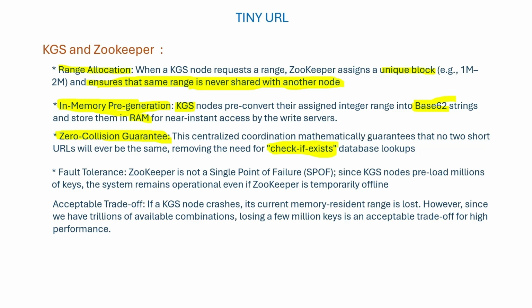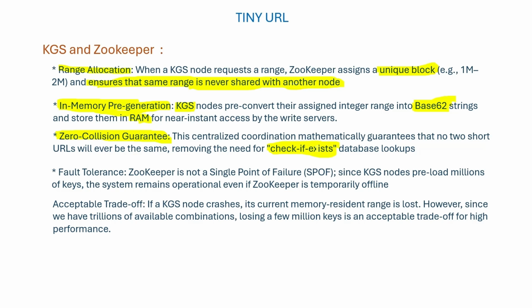It will always be unique, and if a block is lost, it is always lost, and the same block will never be assigned to any other node. So all the strings generated in memory in the KGS service will always be unique. Once, say, a particular short URL has been generated for the one millionth number, since it will not be shared with any other KGS node, and not even with the same node upon failures, that particular base 62 string will never be regenerated again.